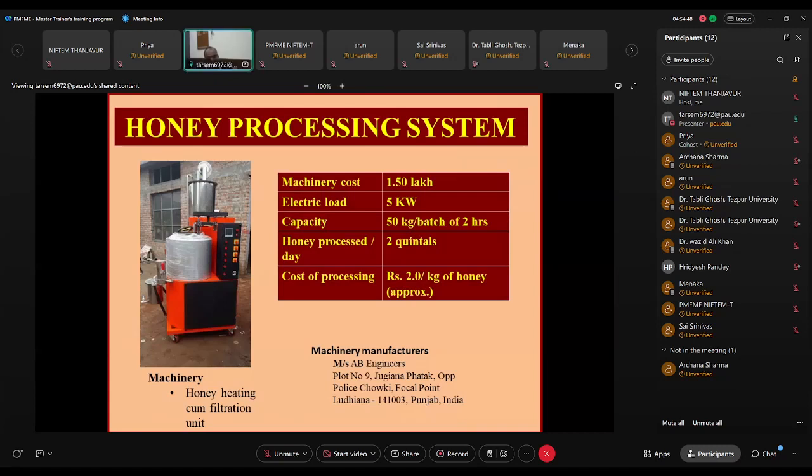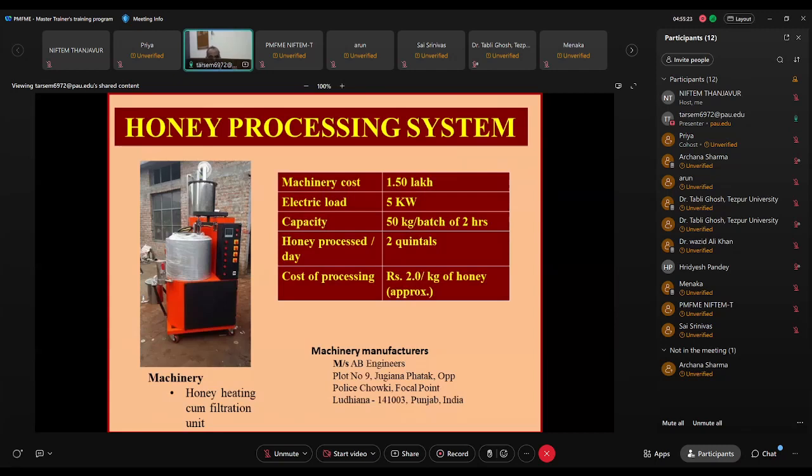So you can easily see how much value addition takes place, and the farmers who used to sell raw honey can have their value addition in a very good way. If one farmer is unable to purchase this machine, 4 or 5 farmers in a group, or at the cooperative level, can purchase this machinery and get their produce processed and packed.